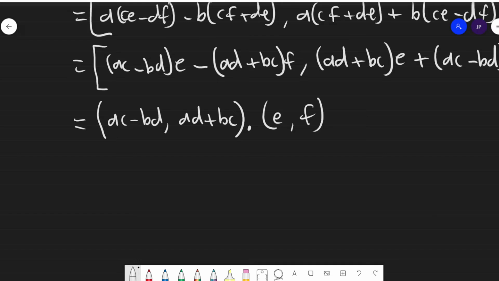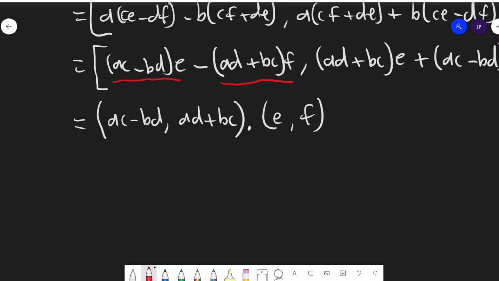So remember, our multiplication basically takes the product of the first minus the product of the second for our first component, which is exactly what happens here. You'll see that this is the product of the first and this is the product of the second, and we subtract that, okay?